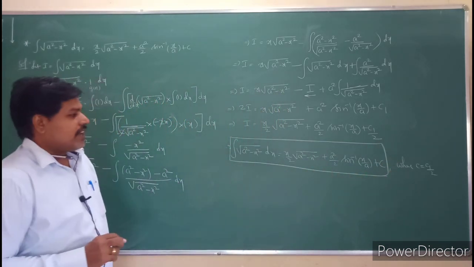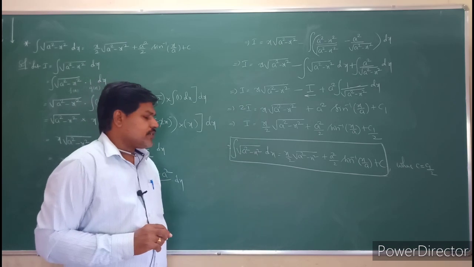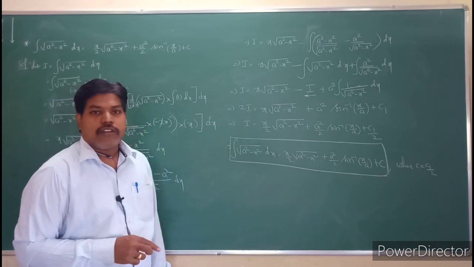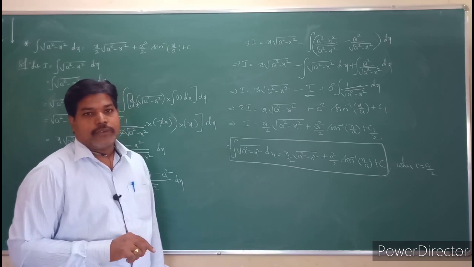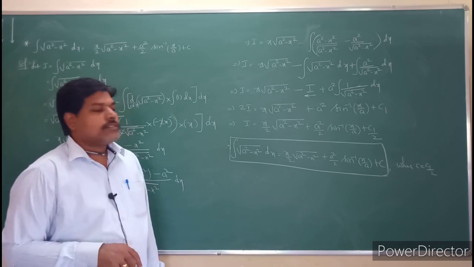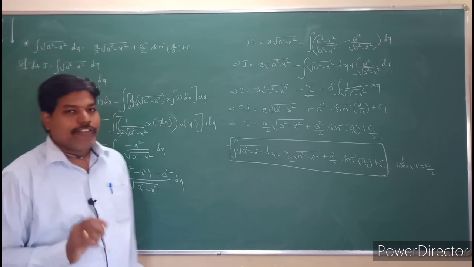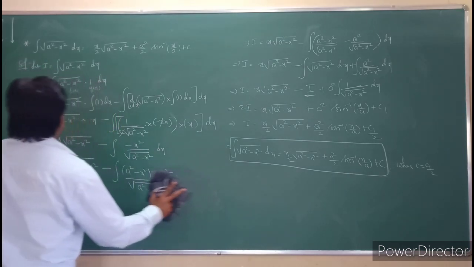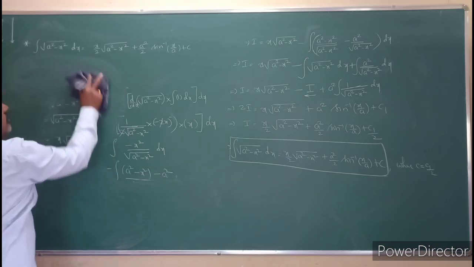So root of a square minus x square into dx is equal to x by 2 into root of a square minus x square plus a square by 2 into sine inverse of x by a plus c. Okay, students? So see that question, practice that question, and also I will use that one more condition. So similar formula, I will change that.